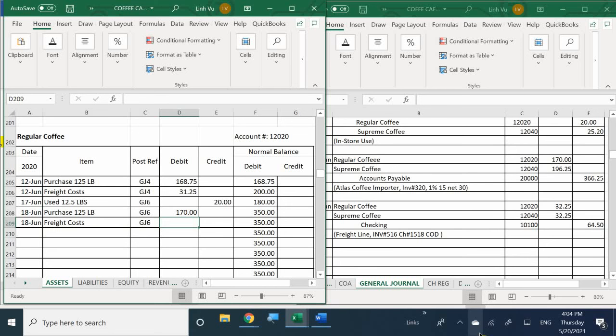On the 18th, we'll say delivery of 125 pounds. Post reference GJ6. And again, debit for 32.25.